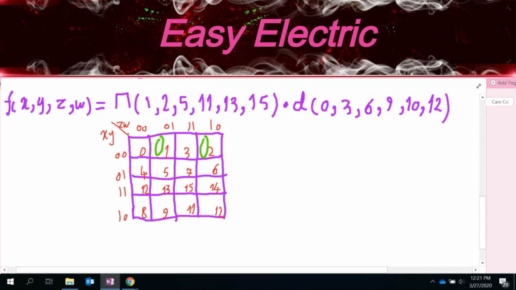You have 2. This is not a minterm, so that's the reason that for the maxterm I put 0. We actually talked about that in our last class. So 1, 2, 5, 11, 13, and 15. These are my maxterms. And don't care is here on the 0. You have on 3. You have on 6. You have on 9. You have on 10.